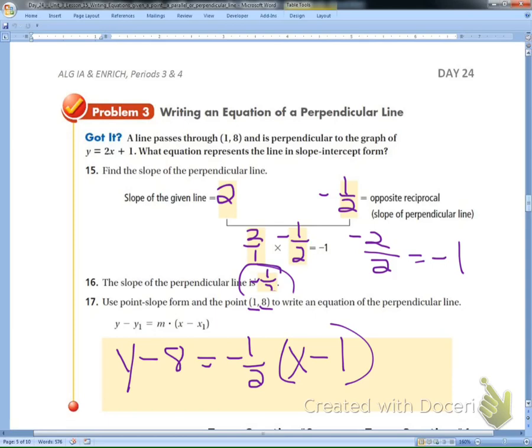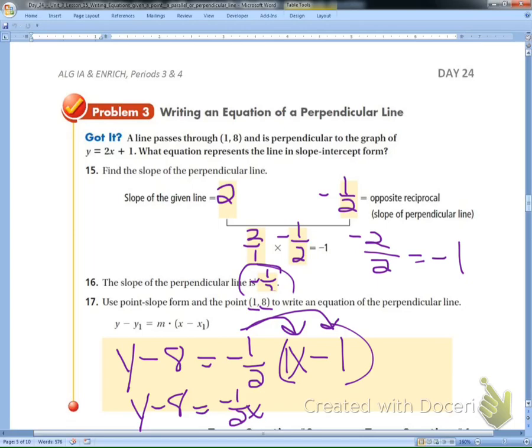Of course, in all these lessons, they will ask you to finally write the equation in slope-intercept form. So you will need to multiply your fraction by the coefficient of x and by the constant of -1. So y minus 8 is the same thing as -1/2 x, and -1/2 times -1.